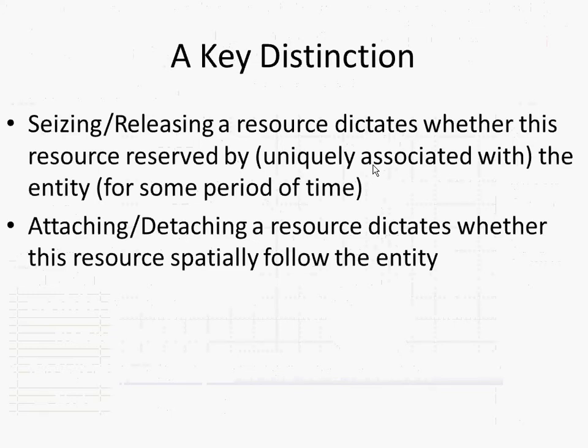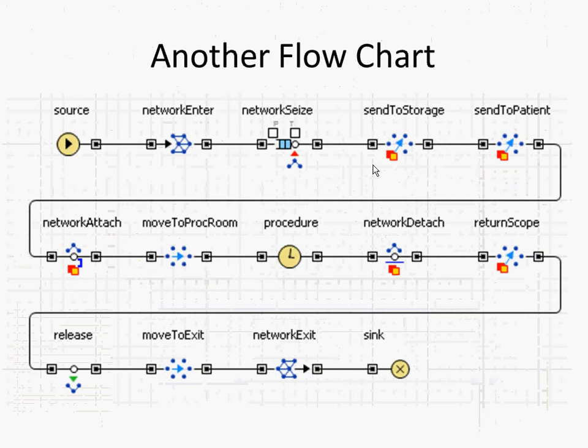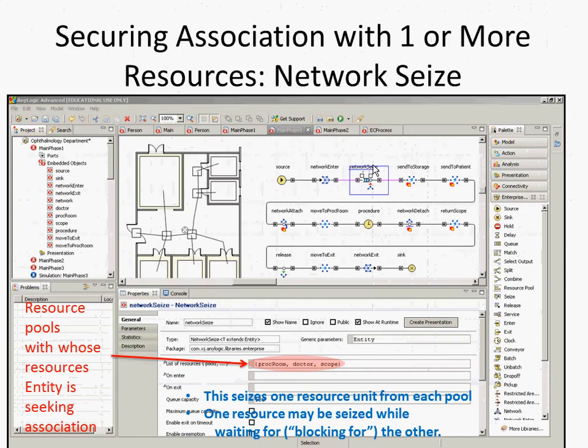Okay, so if we look at this linear chart, which I think is associated with main phase 3, we'll find that the network seize operator, for example, specifies this set of resources that need to be reserved for this entity. We can specify them separately in a separate operator, but here it specifies all three together. So this seizes one resource from the prop room pool, from the doctor pool, and from the scope pool.